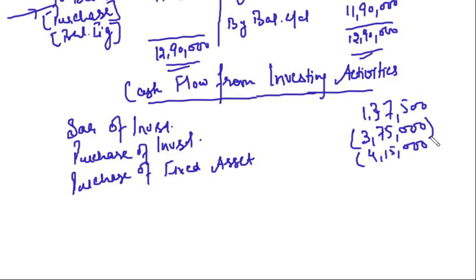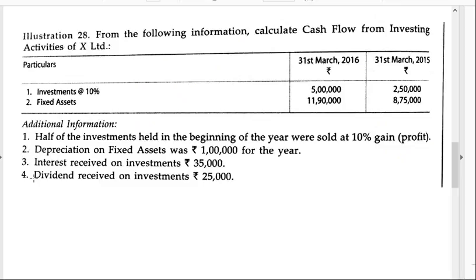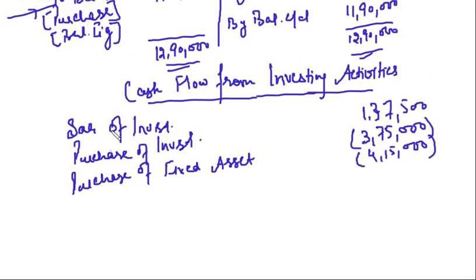We have some more information in the question which is given as interest received on investments and dividend received on investments. I told you that investments we are considering as investing activity, so any income on these investments will also be considered while calculating cash flow from investing activities. So interest received and dividend received, right?